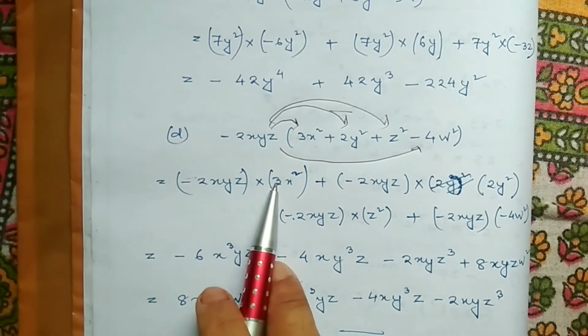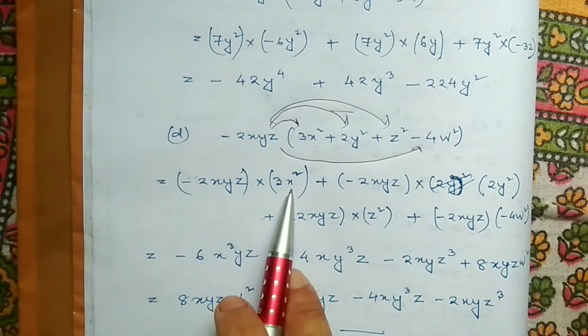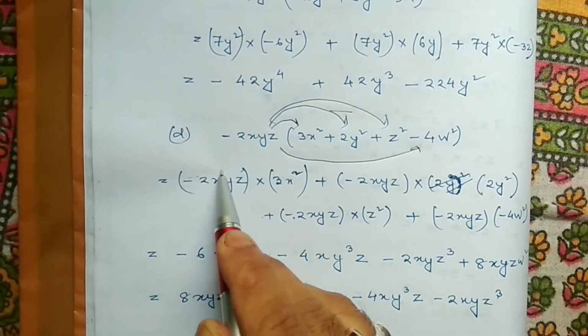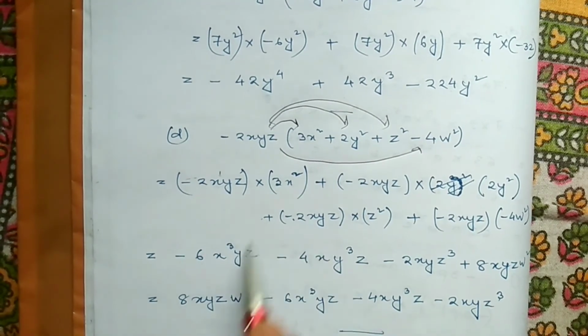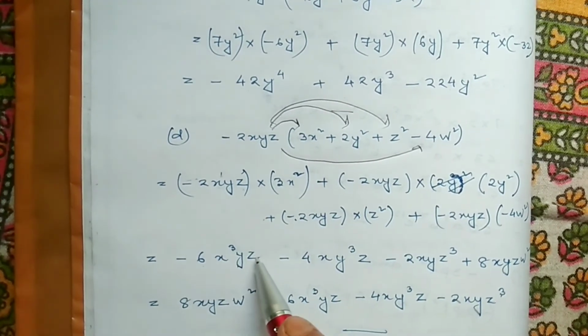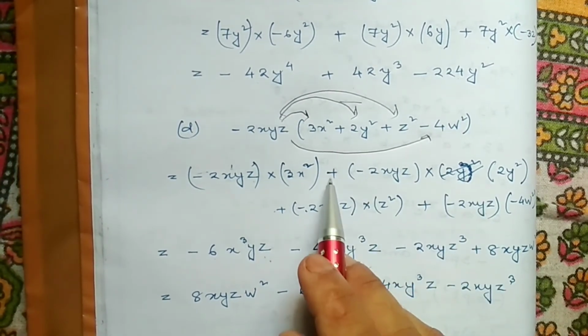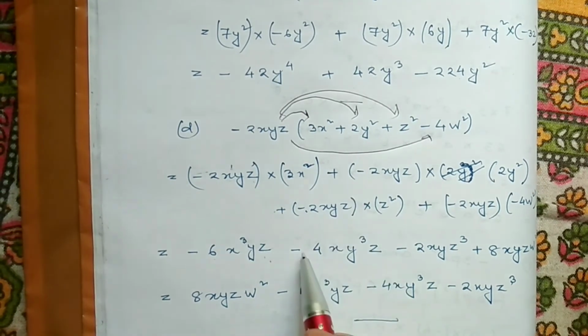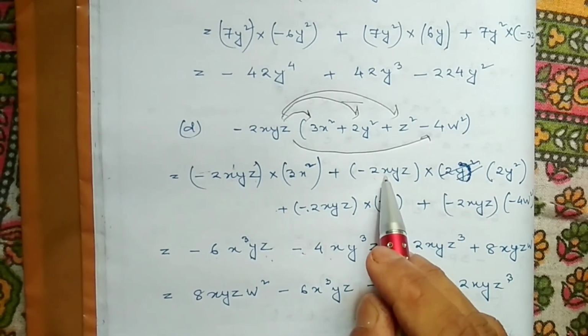Now here plus minus minus, 3 2s are 6, x into x square. X means x to the power 1. X into x square, we know powers are added. 1 plus 2, 3. Only one y, yz. Fine. Now here this is plus, this is minus, this is plus. So you can write plus minus minus. 2 2s are 4, x only 1x.